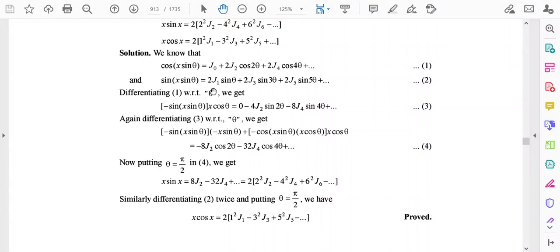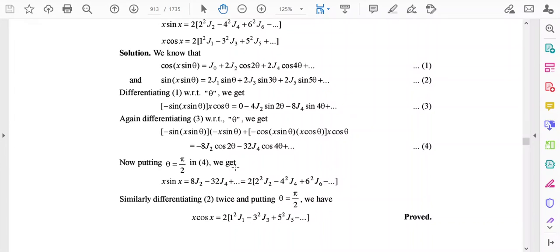And similarly, we started from equation number 1 and derived this sine series. But if we had started from equation number 2, then with a similar process, that is, we first differentiate with respect to theta, then again differentiate with respect to theta, and put theta is equal to pi by 2.